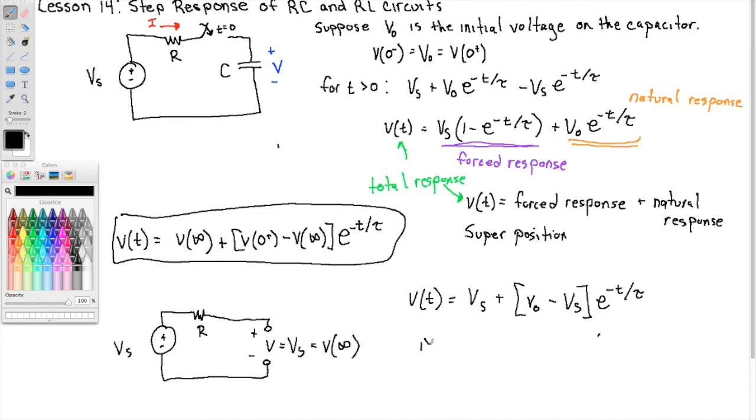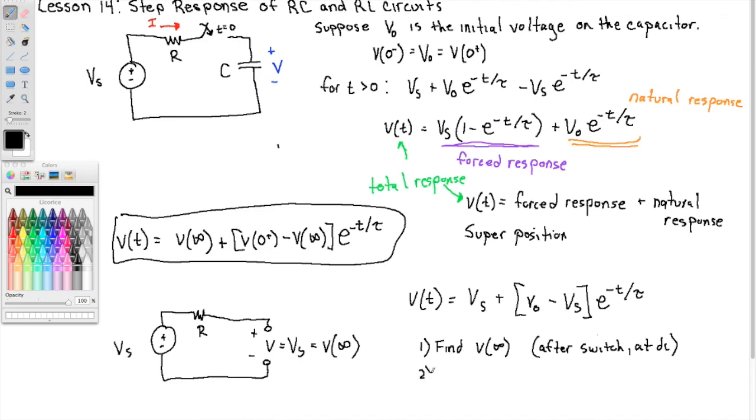Okay, so your systematic approach here is to first find V of infinity. So that means after the switch, and at DC. We've waited a long time and the circuit settles down and nothing is changing anymore, and so it's now at DC. So find V of infinity.